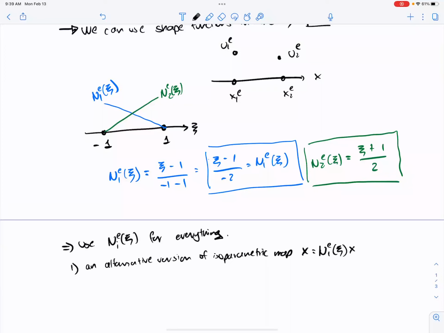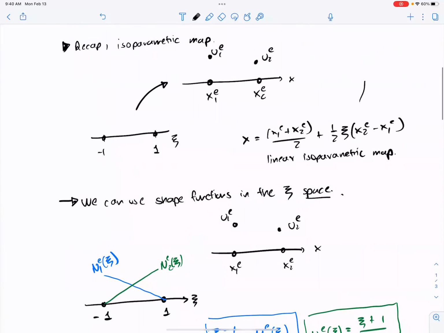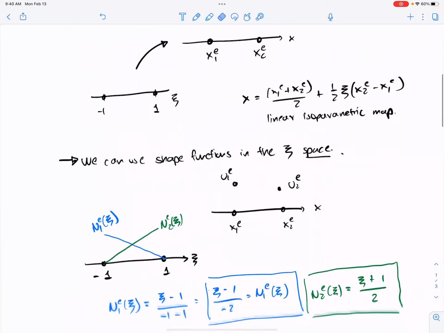I won't do it, but if you expand this out, so x equals the sum of the shape functions times the nodal values, you will get the exact same thing that I had here. It's the same map. It just looks slightly different, but it's the same thing.